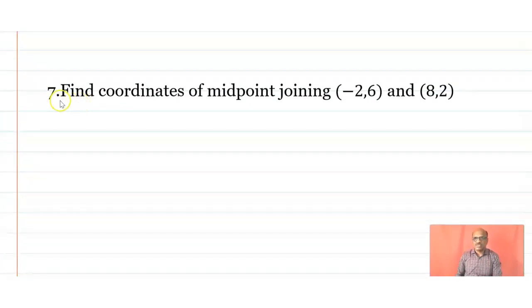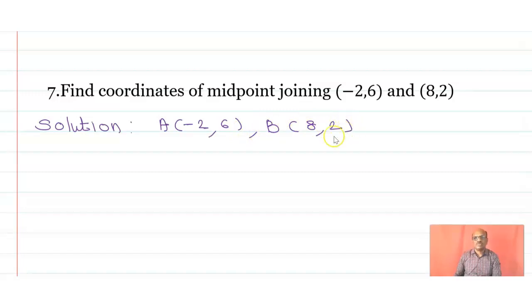Now the next question, question number 7. Find the coordinates of the midpoint joining -2, 6 and 8, 2. Okay. Solution. Here we have to apply the midpoint formula. Here the point A, we treated it as -2, 6 and B, 8 and 2.